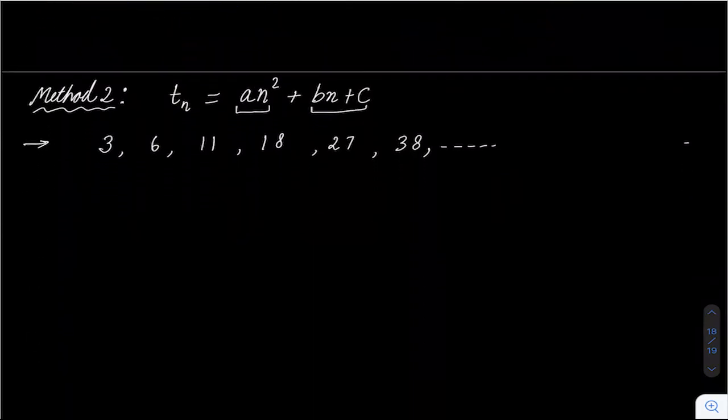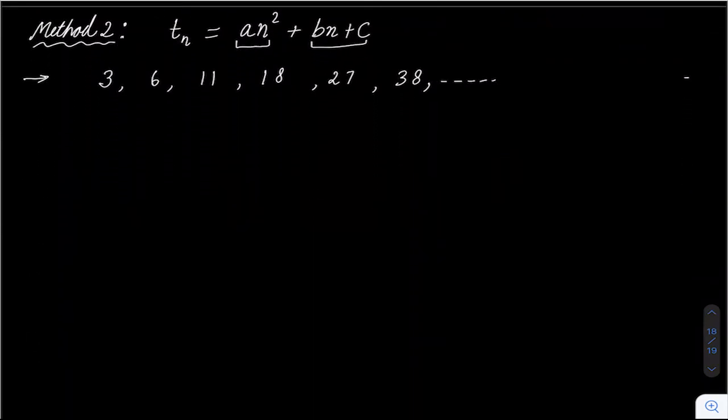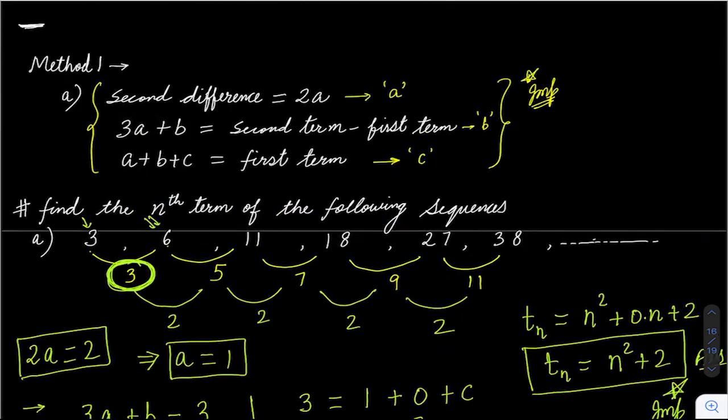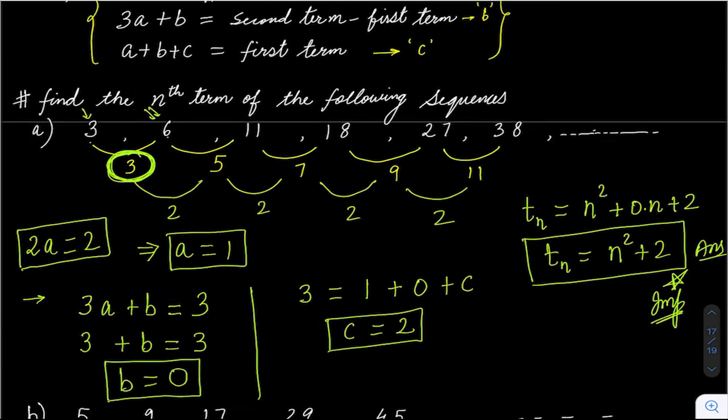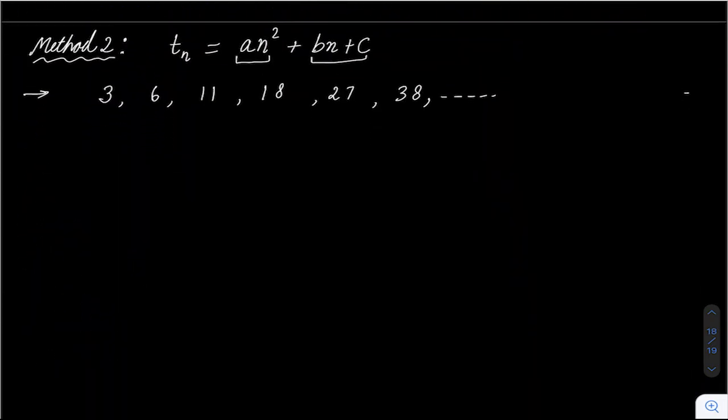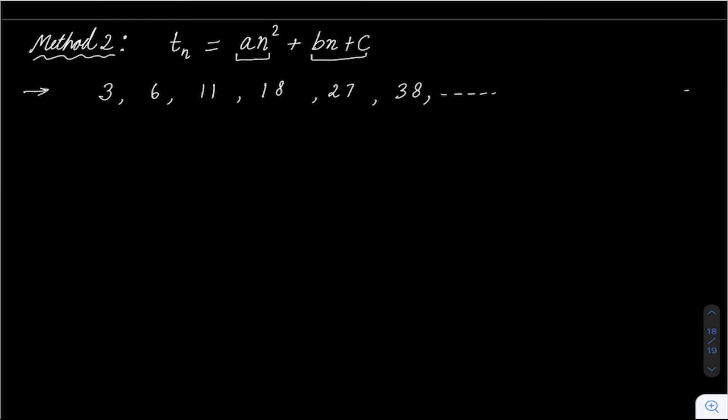Okay, next method. What's the other way to find the nth term? Again we are taking the same sequence 3, 6, 11, 18, 27, 38, that is the first question that we took. So we will do it by the second method. First, same thing, we find the first difference, that is 3, 5, 7, 9, and then 11.